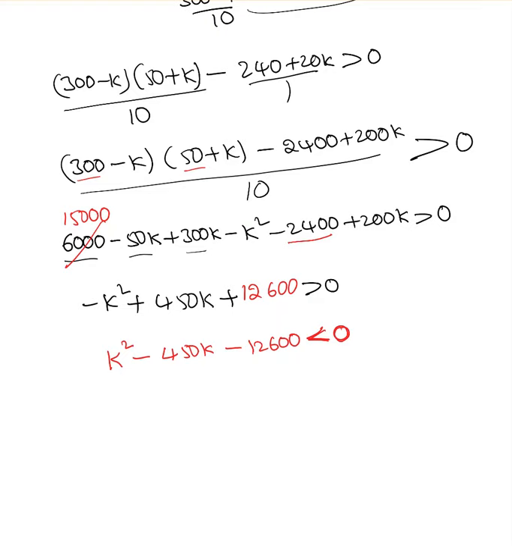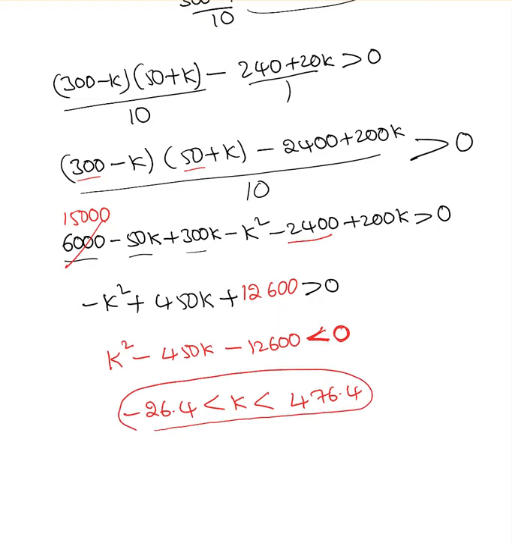Now if you find the k value, after solving this, I end up with k values as minus 26.4 and 476.4. So to have the stabilized system, k value must be between these two numbers.